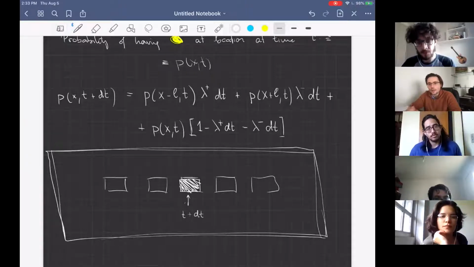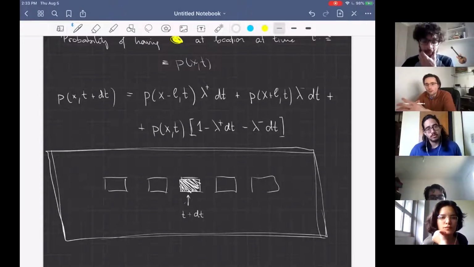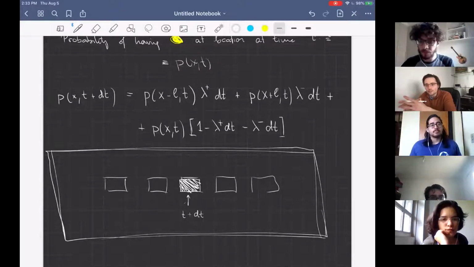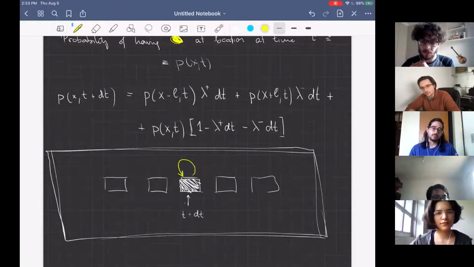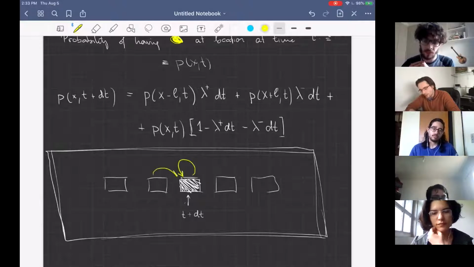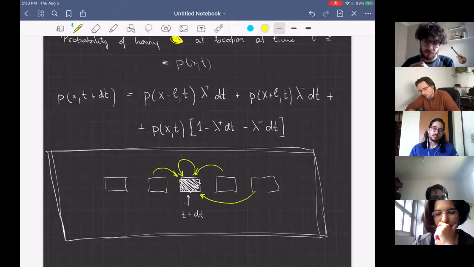Now what you are going to do is count all the possible ways in which you can arrive here. The ways you can arrive here is if you are already here and you stay, or if you are at one of the other sites and you jump. That we all agree, right?